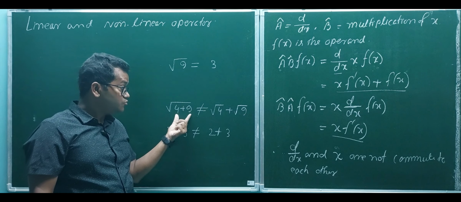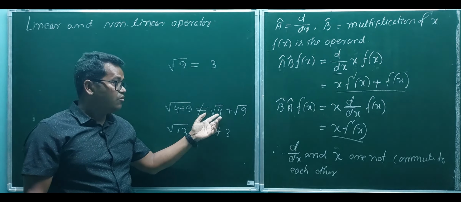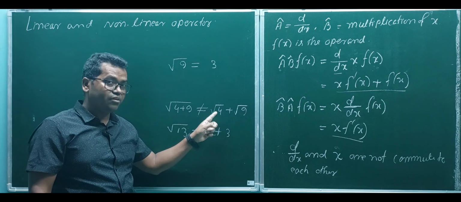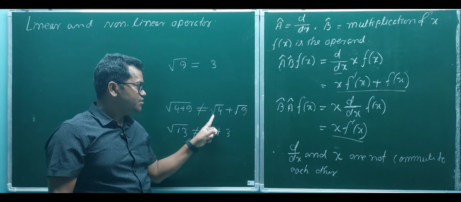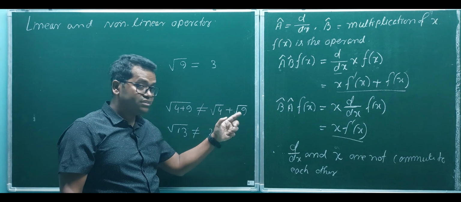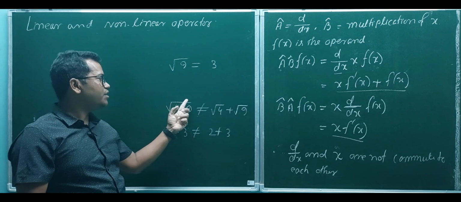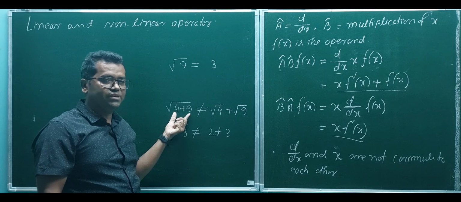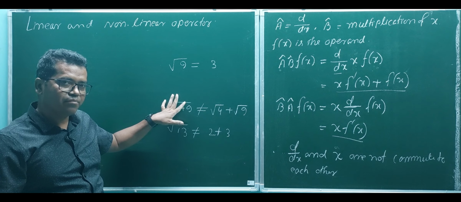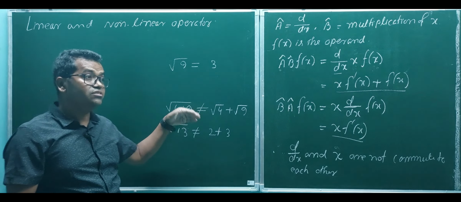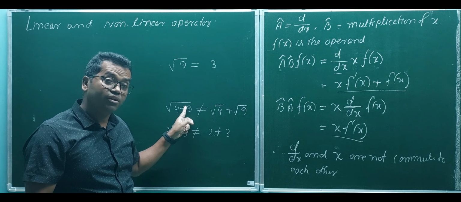Root over operates on the sum and gives a result which is not equal to the result when the root over operates on the functions separately. When the operation by the operator on the sum of two functions is not equal to the operation done separately, such operators are called non-linear operators.